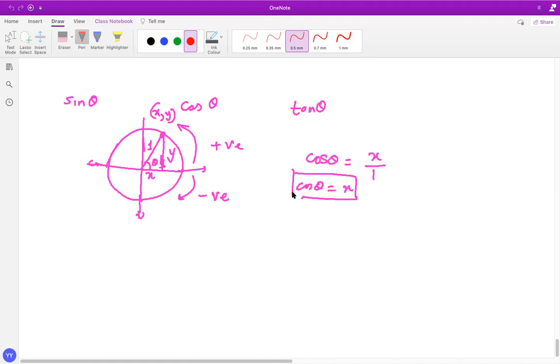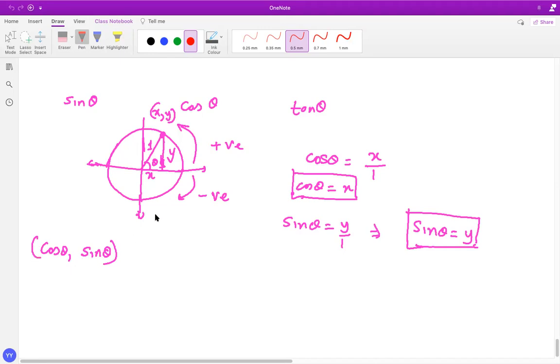And sine theta is y over 1, which is y. So any general coordinate on the unit circle can be written as cos theta comma sine theta.